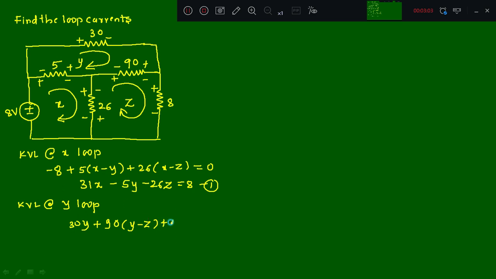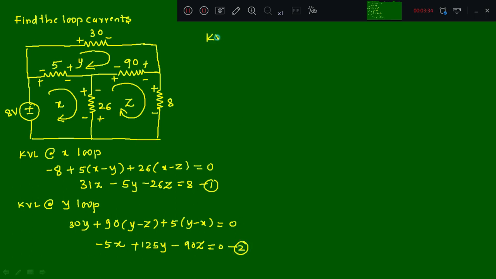So therefore plus 5 times Y minus X. No voltage source is here, it's 0. Upon simplifying, how many X terms are here? Only minus 5X. How many Y terms are here? 30Y, here 90Y and 5Y. How much is it? 125Y. How many Z terms here? Only one term, that is minus 90Z. Call this equation number 2.